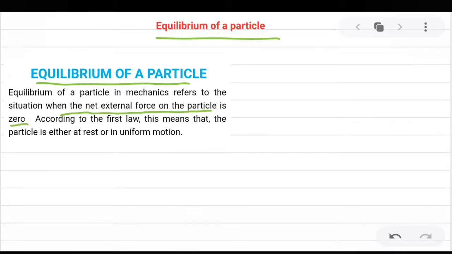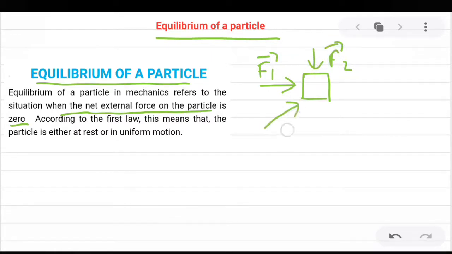Now suppose this is one particle or an object. It is acted upon by multiple forces: F1, F2, F3 acting in this direction, F4 acting in this direction. So it is acted upon by various forces.